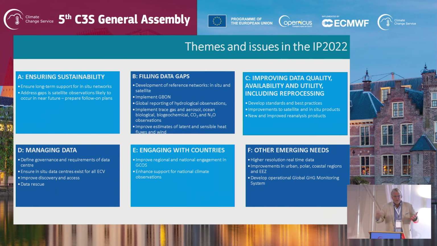Hydrological data is not being supplied. People measure it, but it's not available. A lot of those things we try to stimulate, and we also use WMO as a big organization to try and get that funded. But there are also other issues like the emerging needs, the higher resolution data that I mentioned.